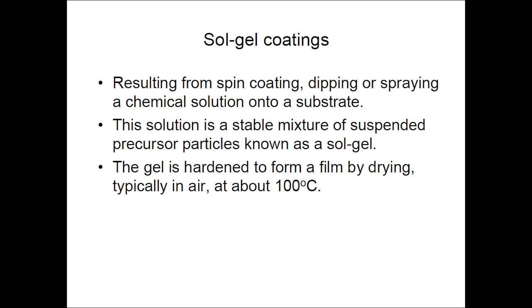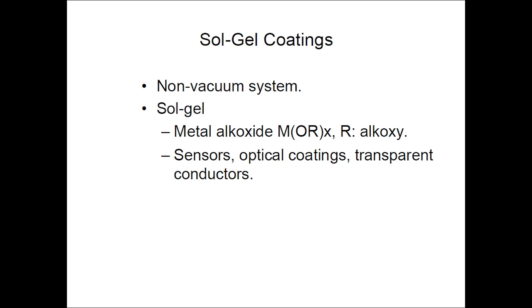That's how sol gel coating works. So it's a stable mixture of suspended precursor particles mixed in a solvent. Okay, that we call sol gel, and the gel is hardened to form a film by drying, typically in air at about 100 degrees Celsius. We will heat it up after spin coating or dipping or spraying the film.